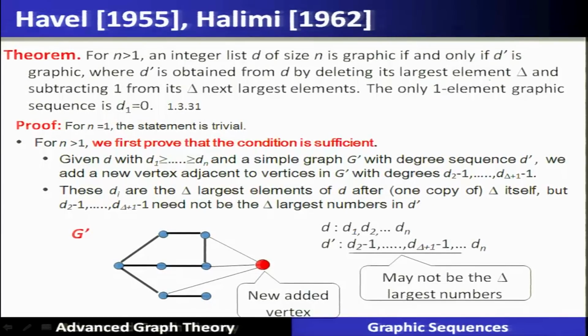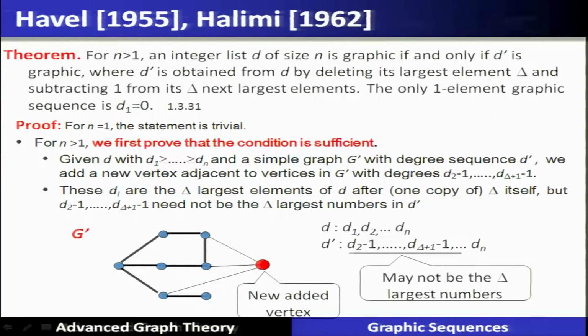So, these Di's are the delta largest elements of D after one copy of that delta itself, but D2 minus 1 and so on up to D delta plus 1 minus 1 need not be the delta largest elements in D prime.